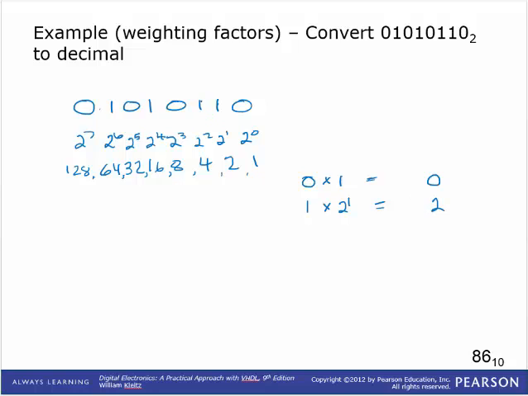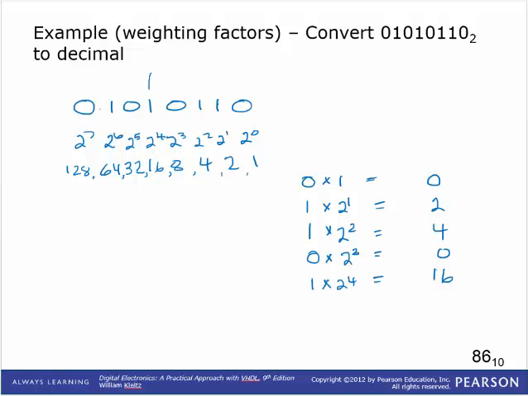Come down the next column. I have a 1 times 2 squared, which is a 4. Come down this next column. I have a 0 times 2 to the 3rd, which is still a 0. Come down this next column right here. 1 times 2 to the 4th, which is a 16.